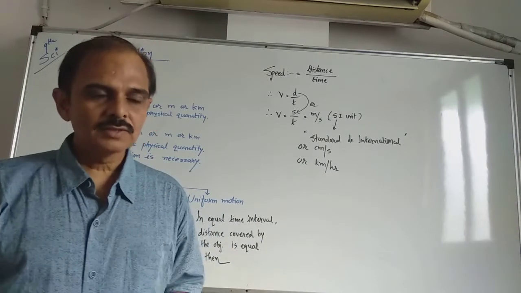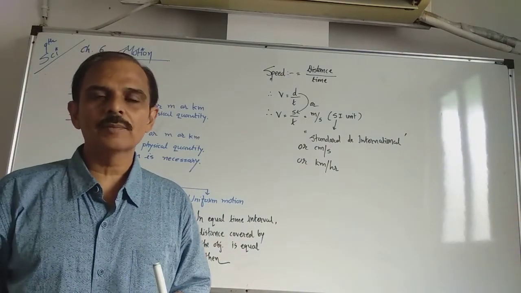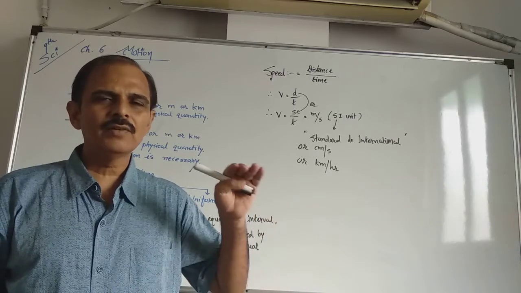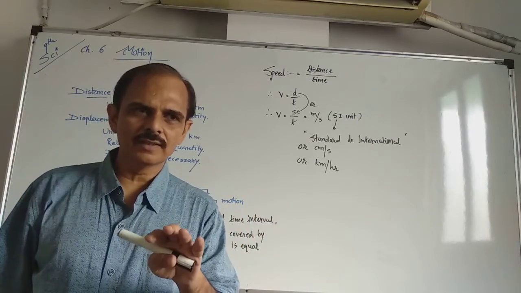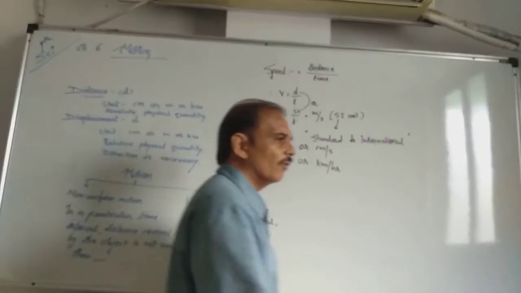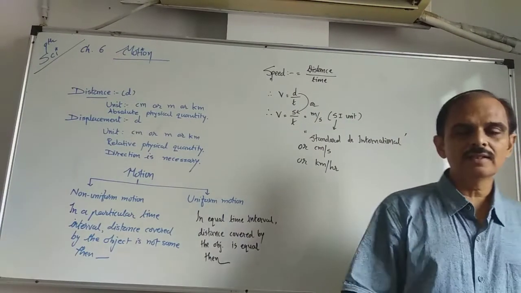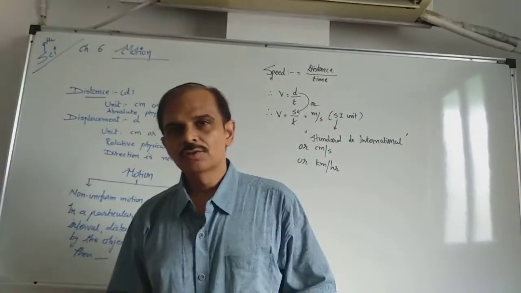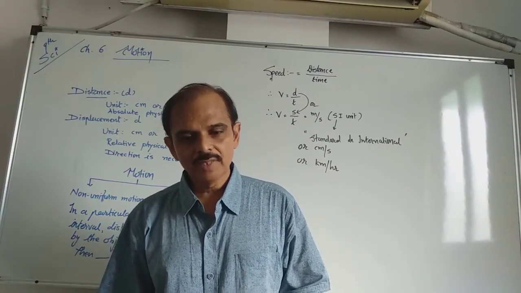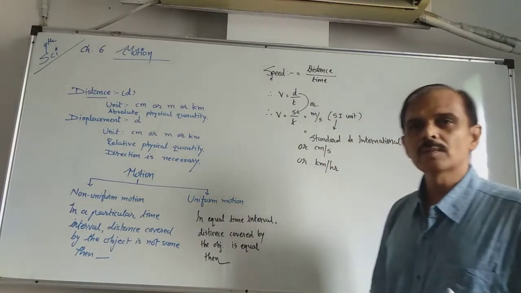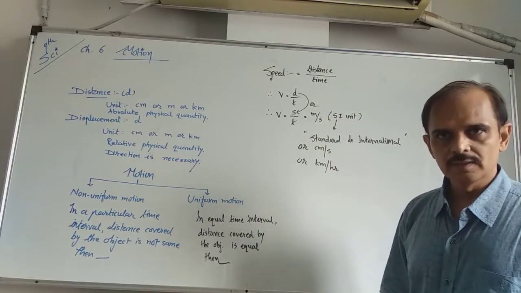Because someone starts with 0 km per hour speed and then slowly, gradually increases. When it reaches the expressway, the open highway, then maybe it reaches 120, 140, but suddenly suppose there is a hurdle, then he has to decrease the speed.